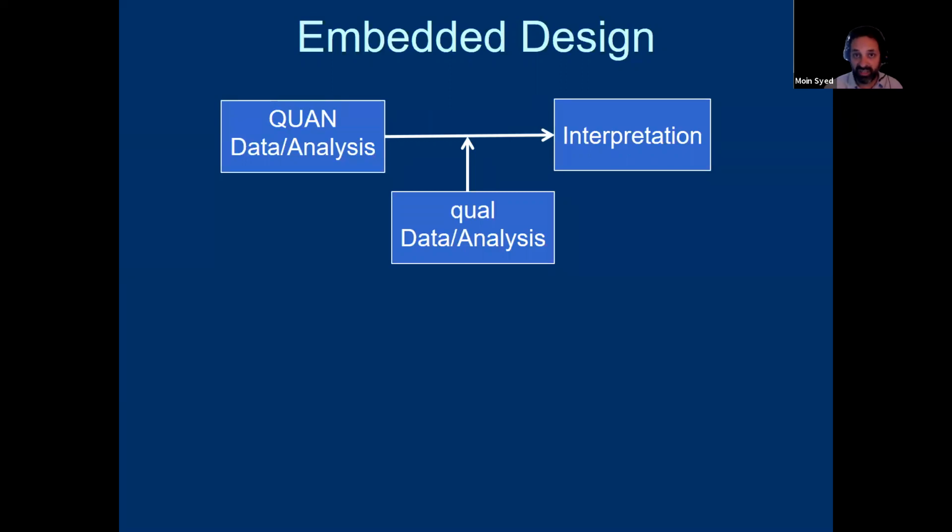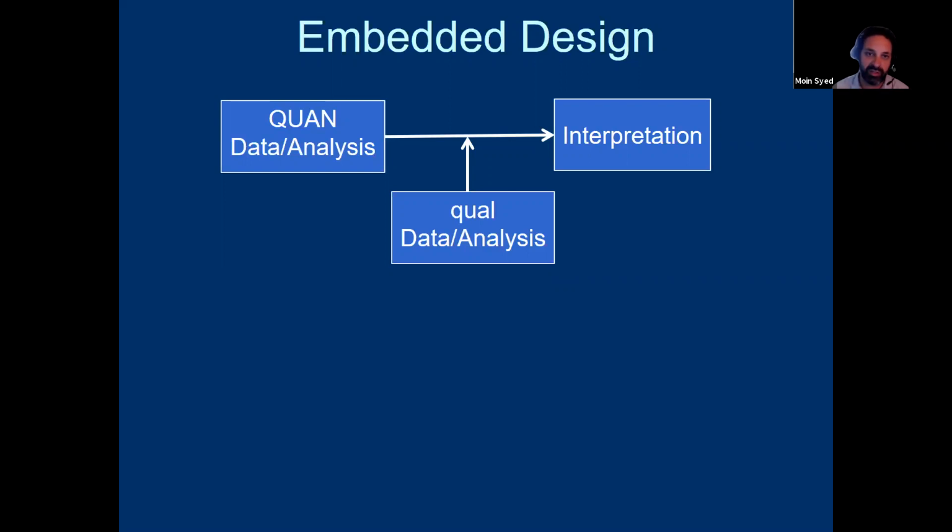This particular design is by far the most common that I see in psychological research, and it also has a lot of problems, because very often this is the design that's used, but it's not highly articulated as to why it is used, and then it becomes unclear what exactly the purpose of the qualitative component is.